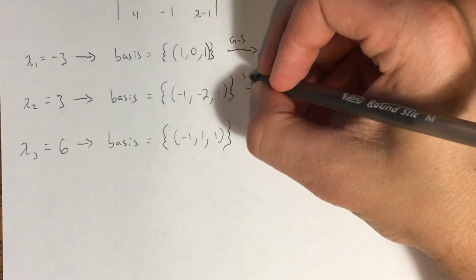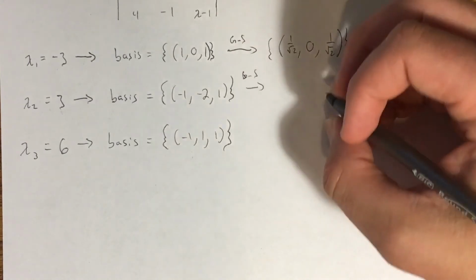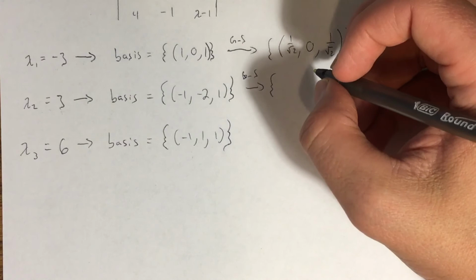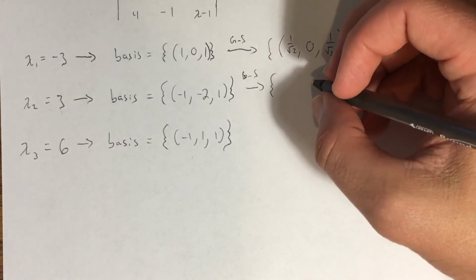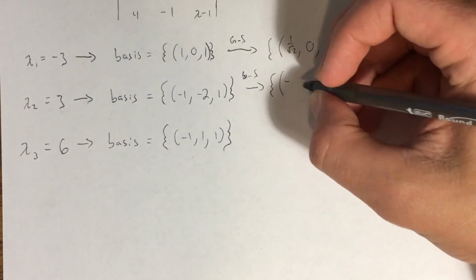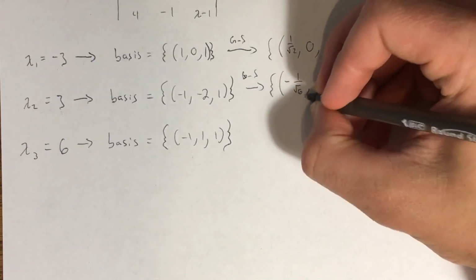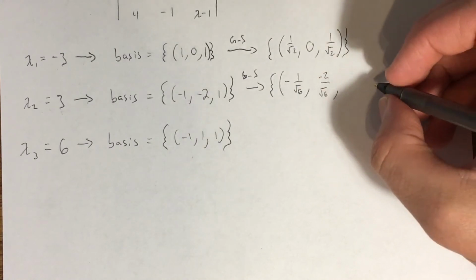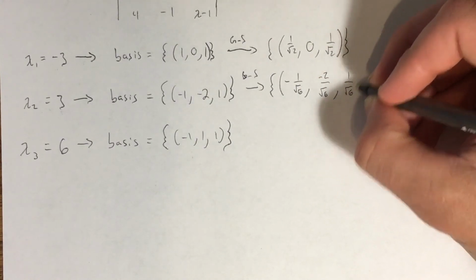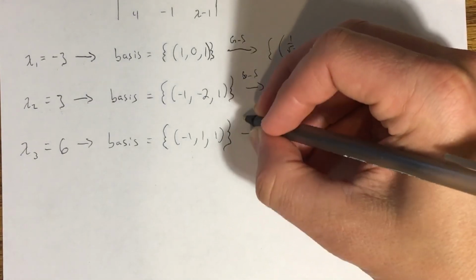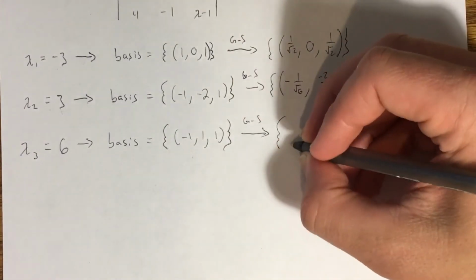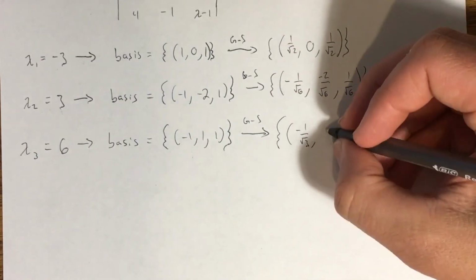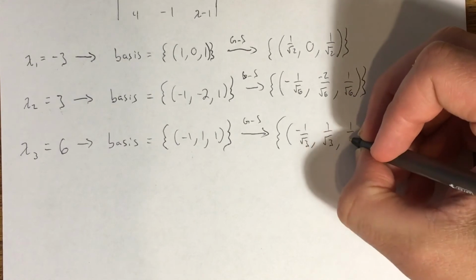If I use Gram-Schmidt on this one, which in this case just looks like normalizing the vector, I'm going to get the vector negative 1 over root 6, negative 2 over root 6, and positive 1 over root 6. If I use Gram-Schmidt on this one, I'm going to get negative 1 over root 3, 1 over root 3, 1 over root 3.